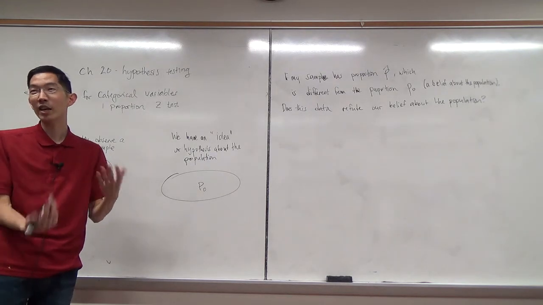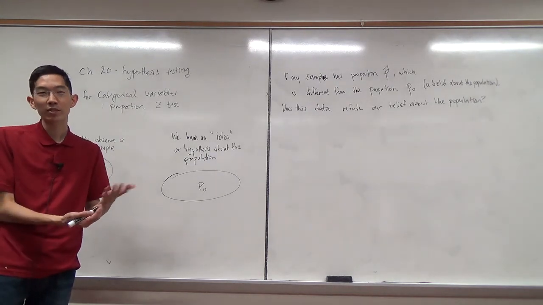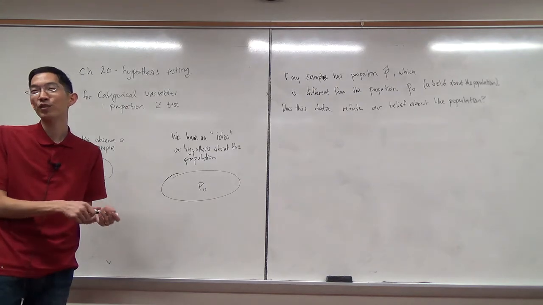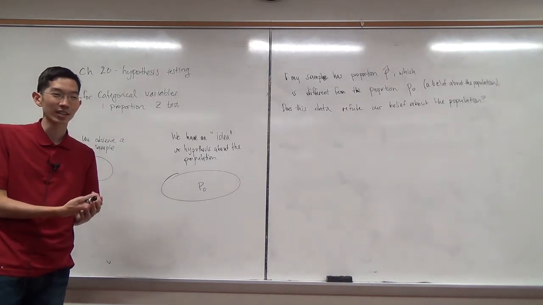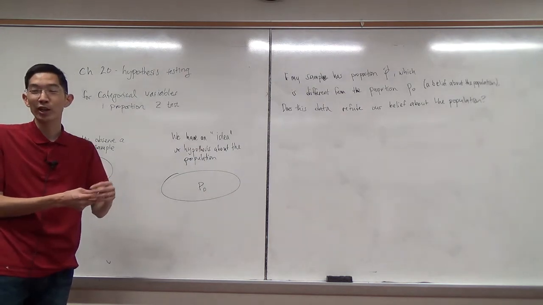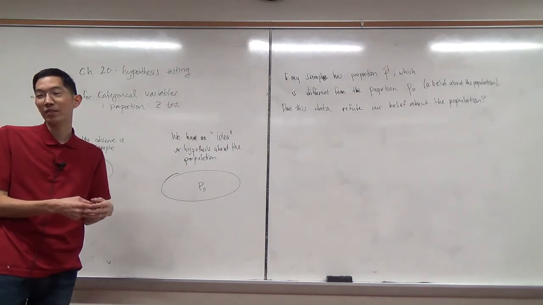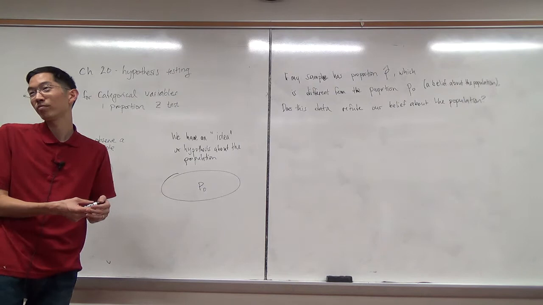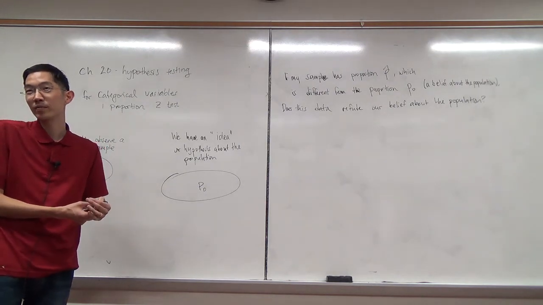It doesn't happen all the time, but it happens often enough that we could say, you know what, the coin might still be fair, and we might have just seen an unusual thing. Is that okay?